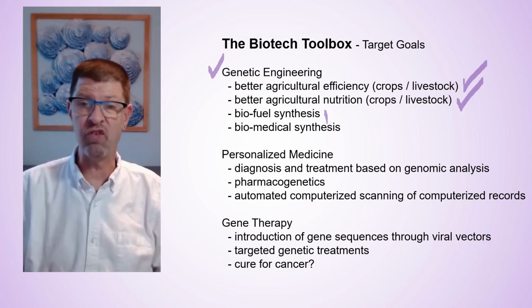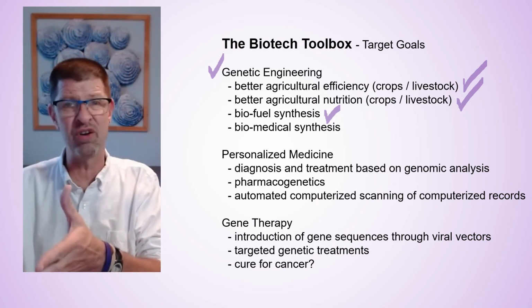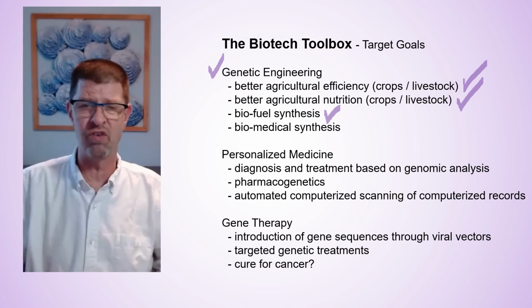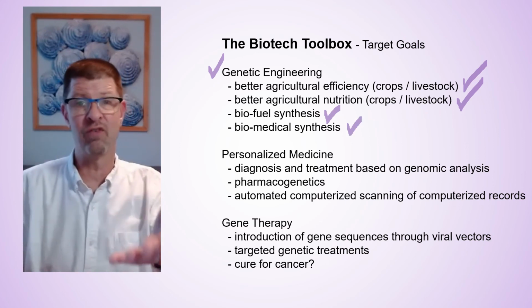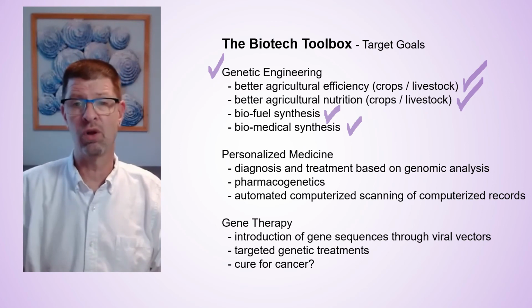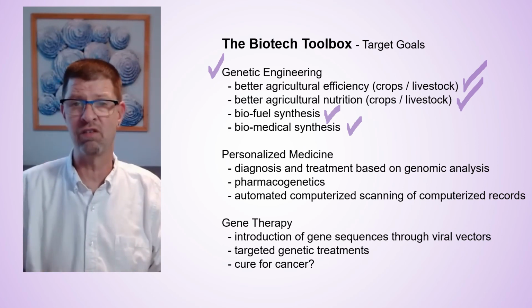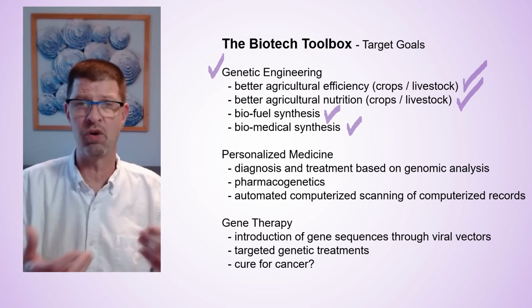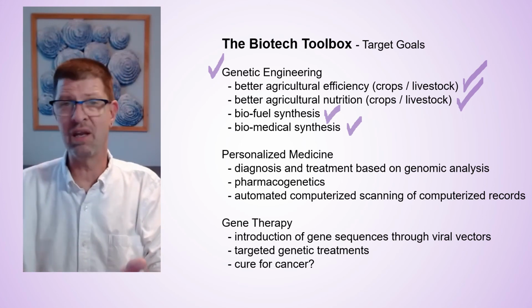We can make fuels with biotechnology that turns crops into things like ethanol and fuels that can be used for different purposes. We can make medicines out of organisms, like for instance the molecular cloning technique, and we can do that with some other plants and animals that can produce these medicines for us. These are all examples of genetic engineering, putting genes into a living organism and having it make a product that we find useful.